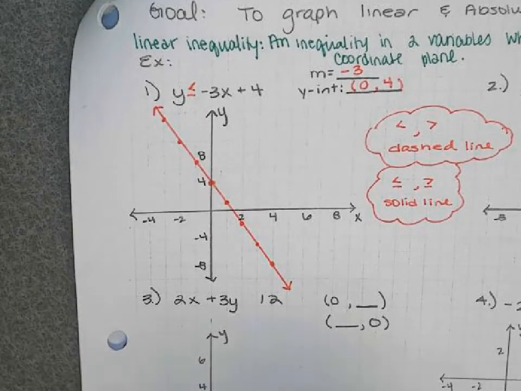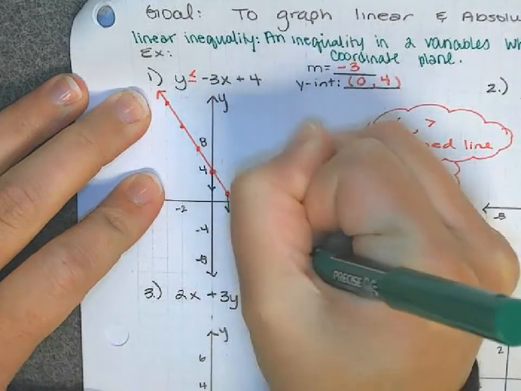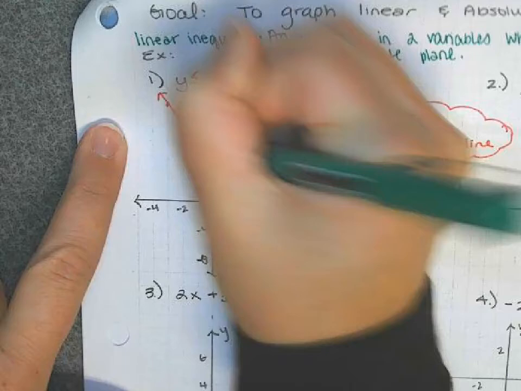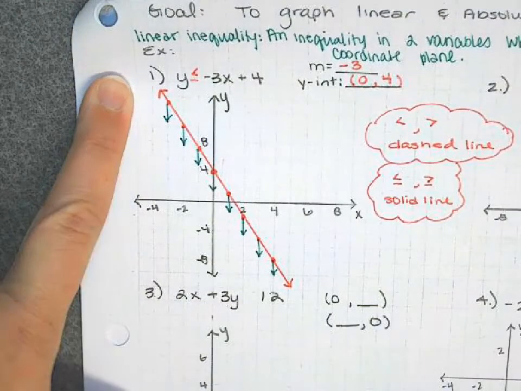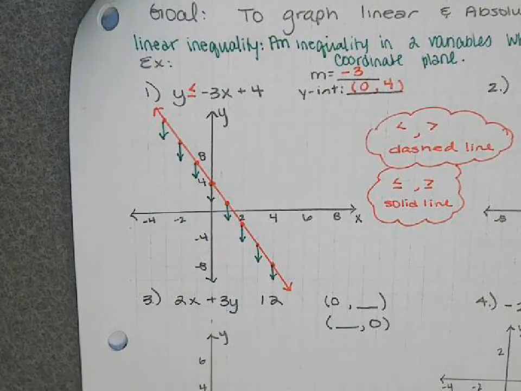What I like to do is go right on the line and draw arrows going down. Because if it's y is greater than or y is less than, you're going up or down, because your y-axis is going up or down. That's the side that you color on. The arrows might seem unnecessary right now, but when we get into graphing multiple inequalities on the same graph, systems of inequalities, later on in Unit 3, it's necessary that we have this.